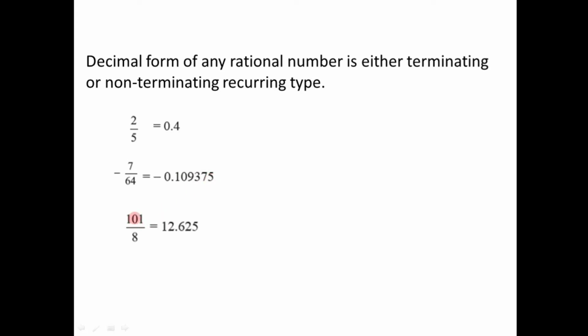If we have another example, 101 divided by 8, we get 12.625. So if we consider all these three decimal forms, at the end of the division the remainder will be 0. That's why these types of decimal forms are called terminating type, as the division process ends here.